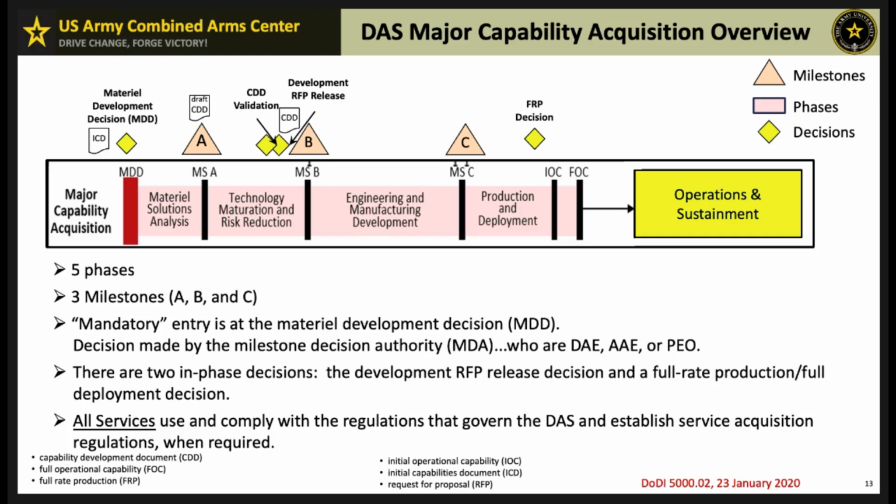This outlines the major capability acquisition process in the Defense Acquisition System, which consists of 5 phases and 3 key milestones, Alpha, Bravo, and Charlie.